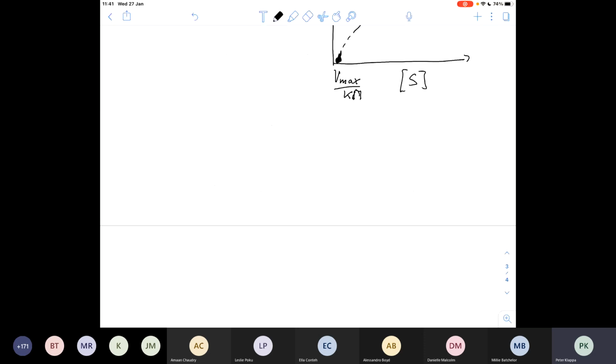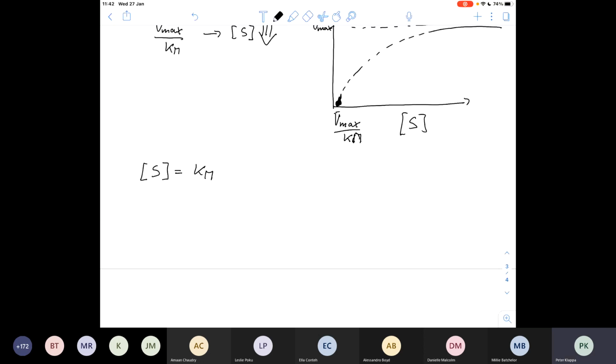Okay, so we've got Vmax, we got Vmax over Km. So let's do a third scenario. Let's say our substrate concentration equals Km. Okay? We said S is very small, that's this one here, or S is very large, much larger than Km. So what happens if S equals Km?